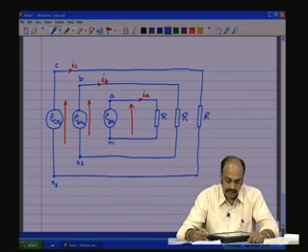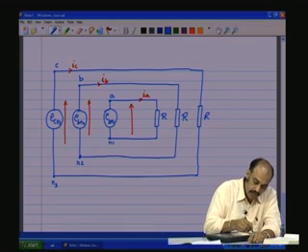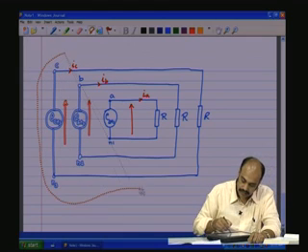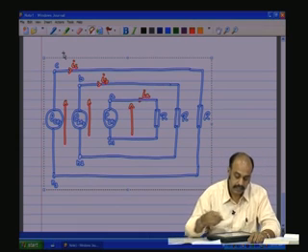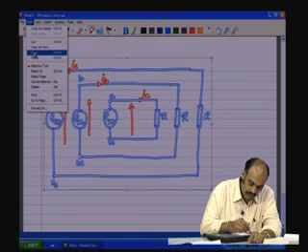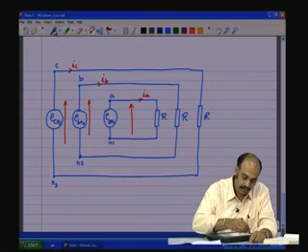Now, suppose we apply some constraints. What is the first constraint? Let us make the amplitudes of the voltages the same for all three.